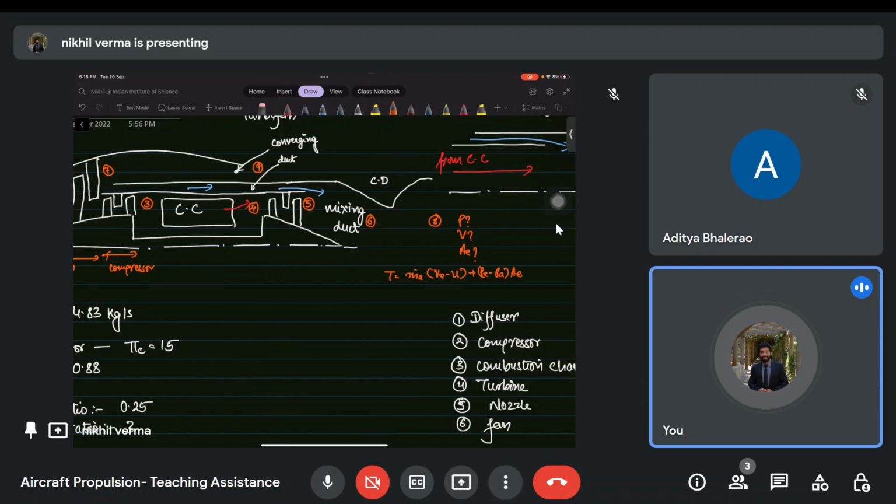So you need to calculate all these parameters for this. So let us start with the analysis.